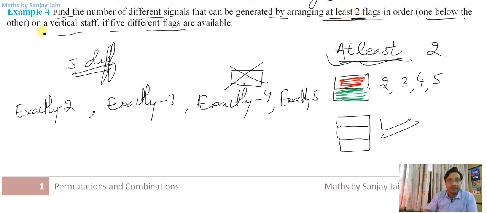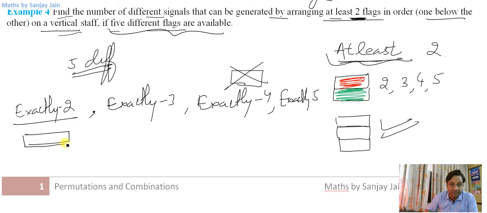Now tell me, what is the number of different signals that can be generated by at least 2 flags in order on a vertical staff if 5 different flags are available? Now when you have exactly 2 flags, you need exactly 2 flags out of these 5. What will be the number of ways you can use that? You can fill the first position in 5 ways.